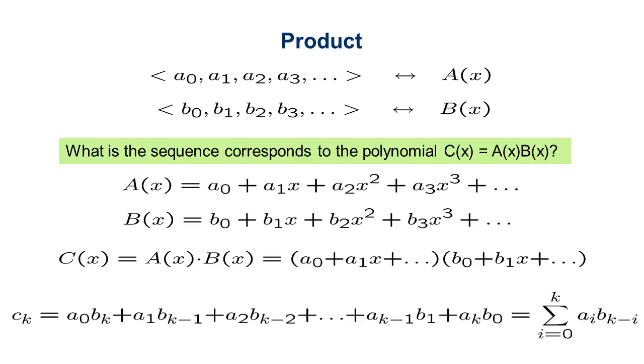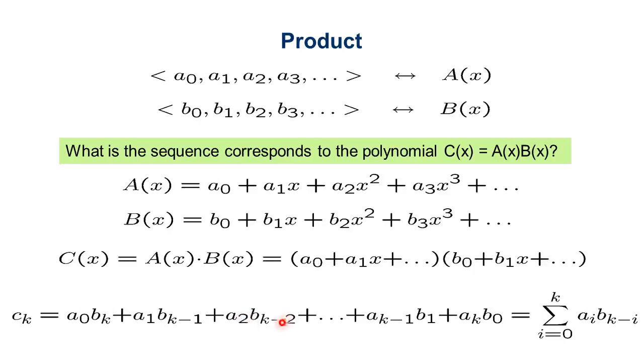Now ck, that is the coefficient of the kth term, that is the coefficient of x to the power k, will be a0 into bk. That means the total of the subscripts is k. Here there is a1 into b(k-1), a2 into b(k-2).